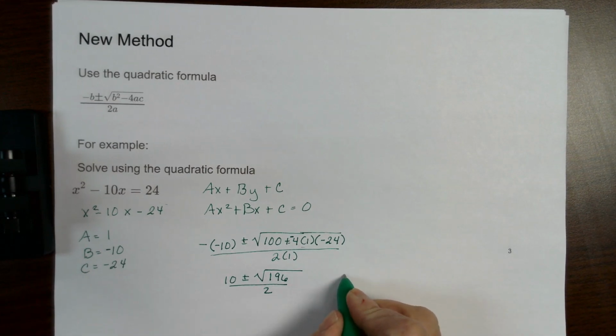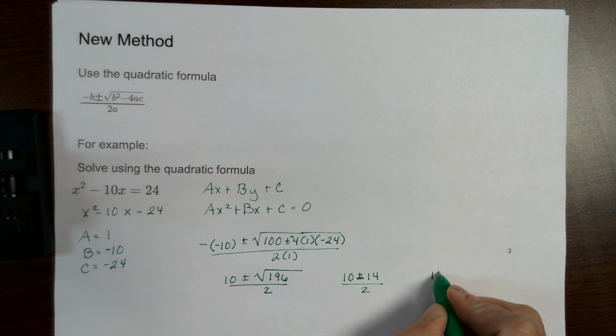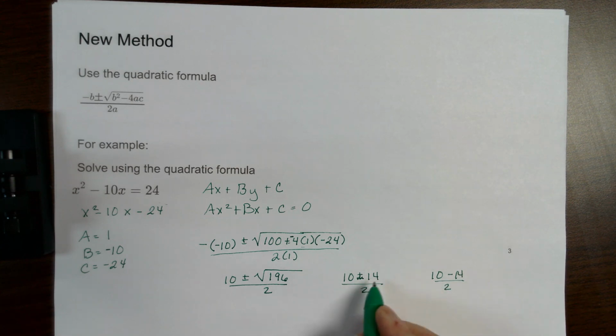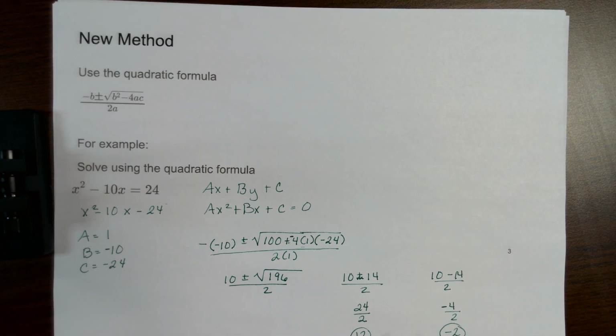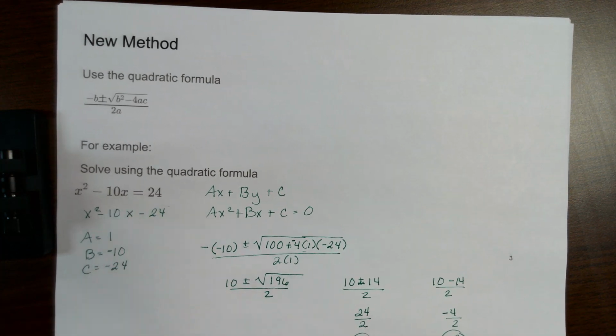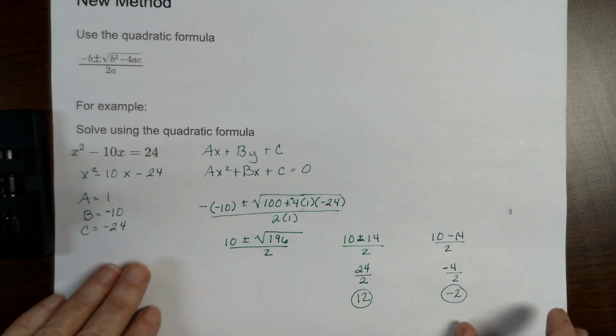So you've got two equations: 10 plus 14 over 2, and 10 minus 14 over 2. 10 plus 14 is 24, divided by 2, which gives me an answer of 12. 10 minus 14 is negative 4 over 2, which gives me an answer of negative 2. So those are your two answers, or two solutions, or two roots for that quadratic equation using the quadratic formula.